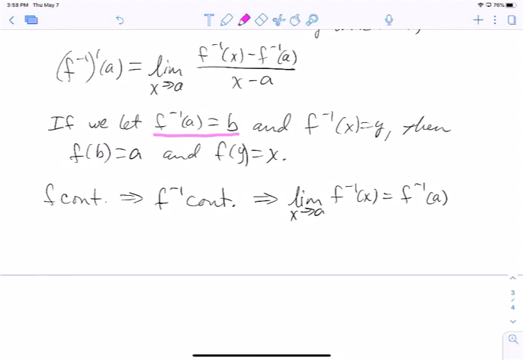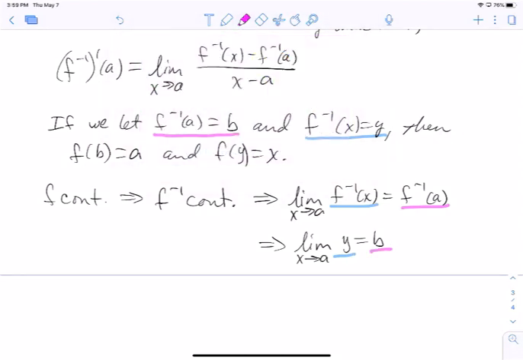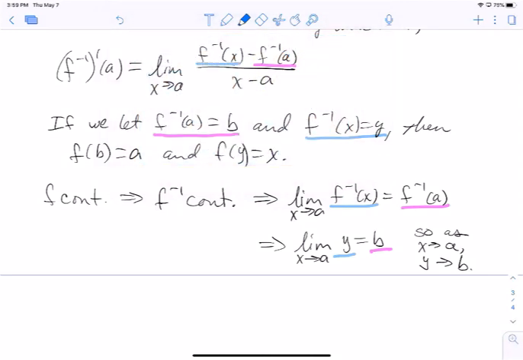Using the expressions that we've already considered here, we can rewrite this limit as the limit as x approaches a of y is equal to b. In other words, as x approaches a, y approaches b. So continuing on with matching these colors, f inverse of a and f inverse of x here, and then I'm going to add a couple of other colors for x being f of y and for a being f of b.